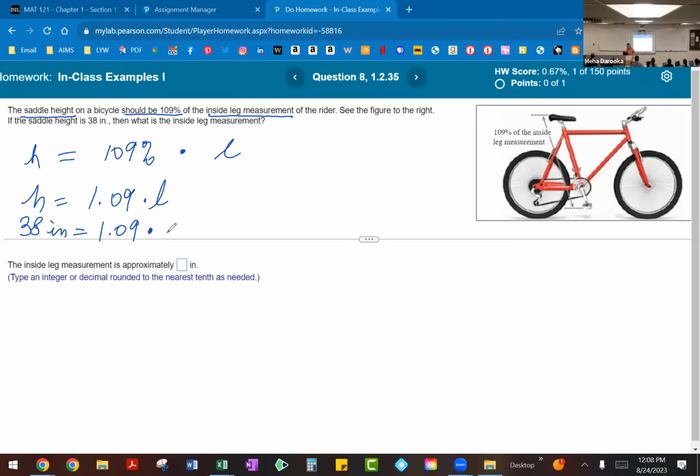Then you're setting that equal to 1.09 times L. So how do we find the L now, the inside leg measurement? Perfect, divide. So we would take 38 and divide it by 1.09.